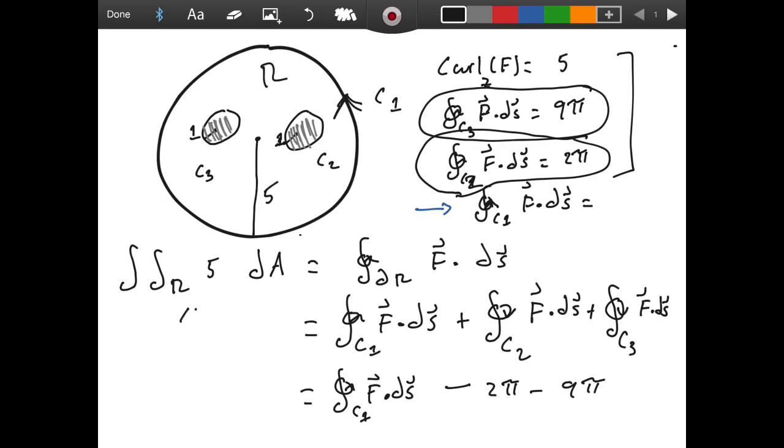Okay, now what about this? Basically, this integral is just going to be 5 times the area of the region. So what is the area of the region?